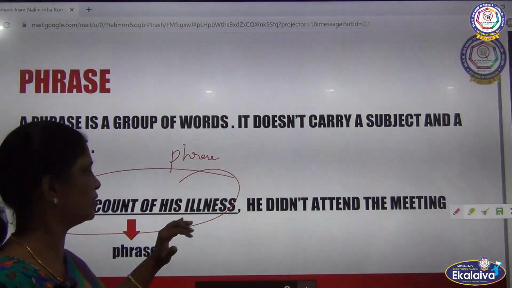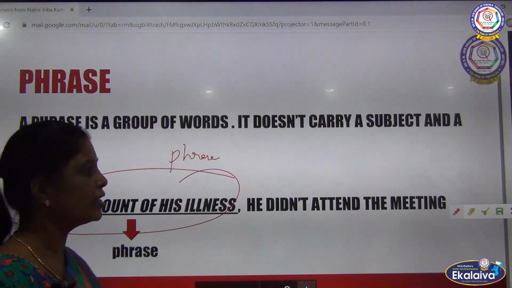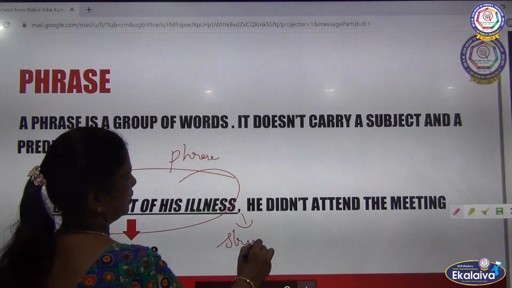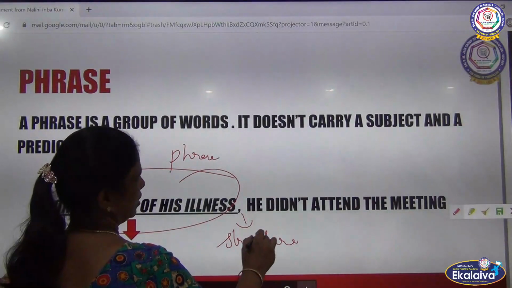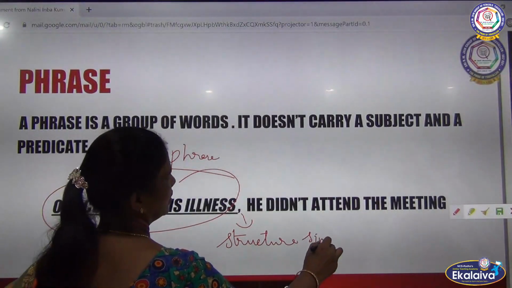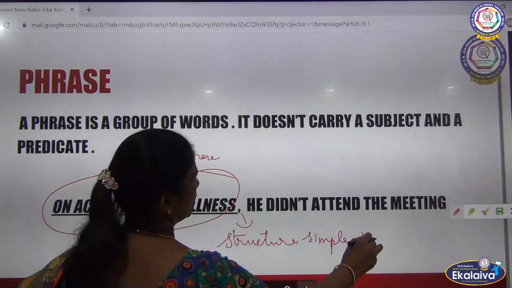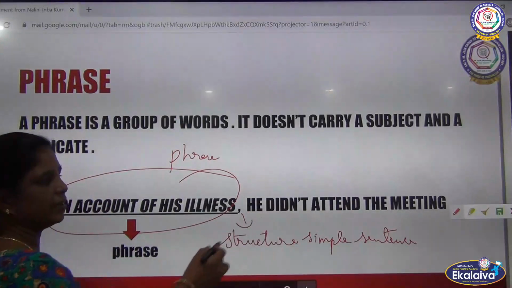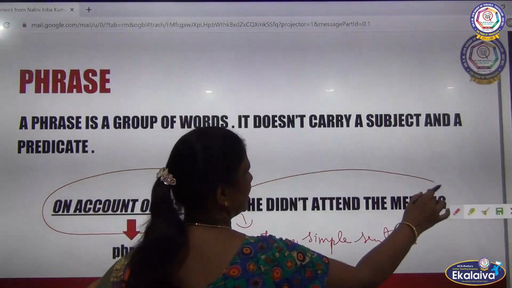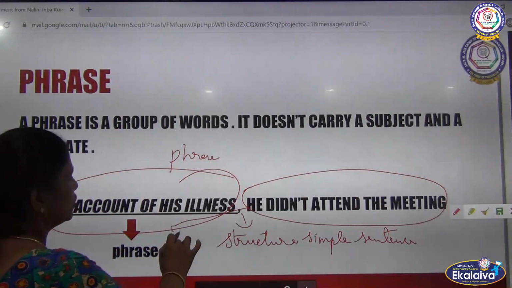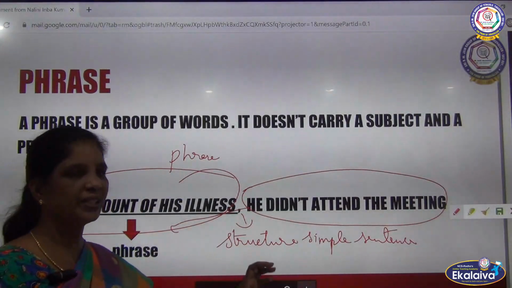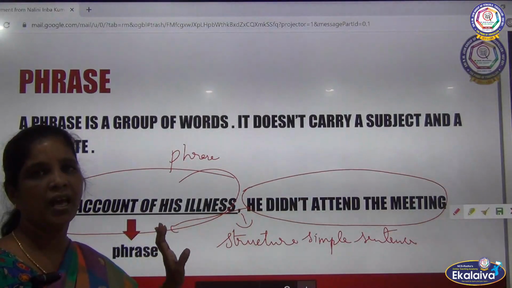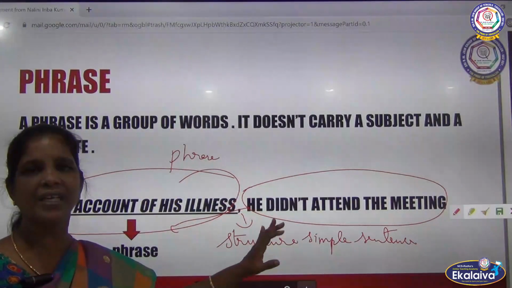Plus your phrase is there. So this is the structure of the simple sentence: you will be having a sentence and along with that a phrase. A sentence with a phrase is called a simple sentence.